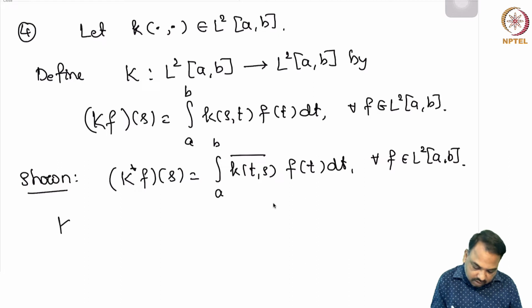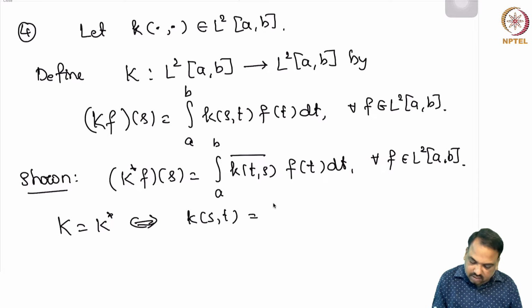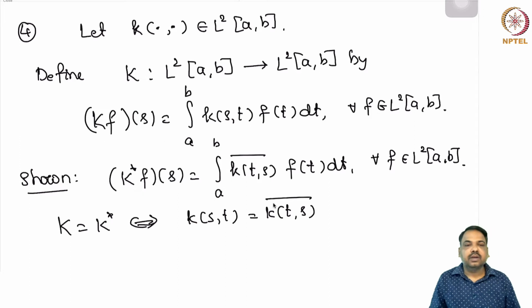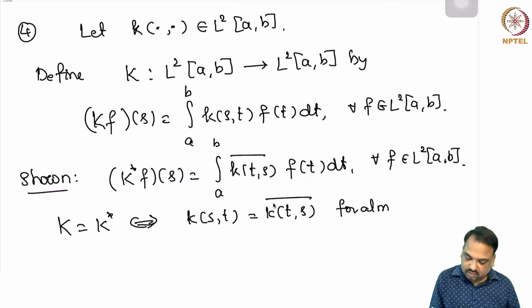Now we can conclude that K is self-adjoint if and only if k of s,t equal to k of t,s bar. Now k, the two variable function, is in L2[a,b]. So when we say two functions are equal, they are equal almost everywhere, for almost all s,t.